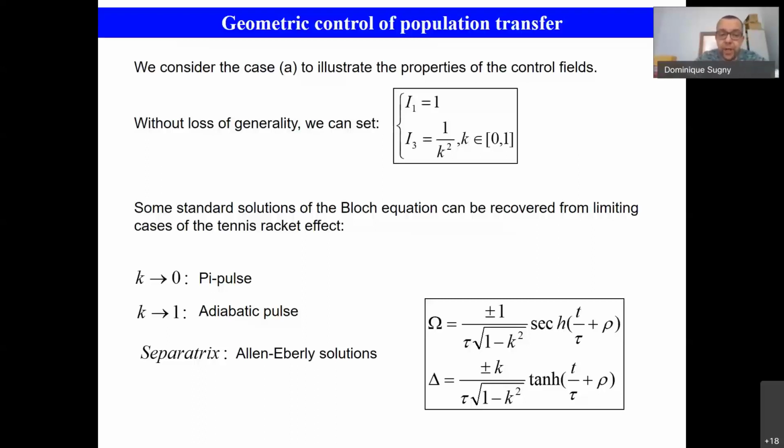If you change the values of k, we can go in a continuous way from a pi pulse to the adiabatic pulse, and with this parameter k we can play with the control time and with the robustness of the pulses, with some analytical expressions depending on this parameter k.